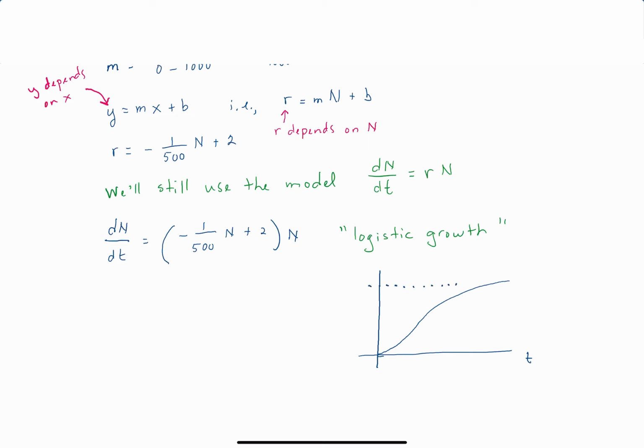And there will be some population that it can't get above due to some kinds of constraint in the environment. This level of population is called the carrying capacity of the environment.